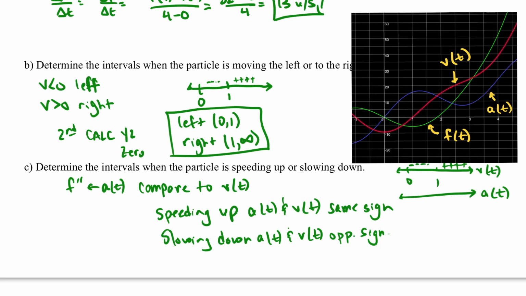So these are all positives right in here, and now we know right in this region we've got opposite signs, and in this region we have the same sign, so let's write that down. That means it's speeding up when they are the same sign, so this is from 1 to infinity, and slowing down, we will say this happens from 0 to 1 because they are opposite signs.